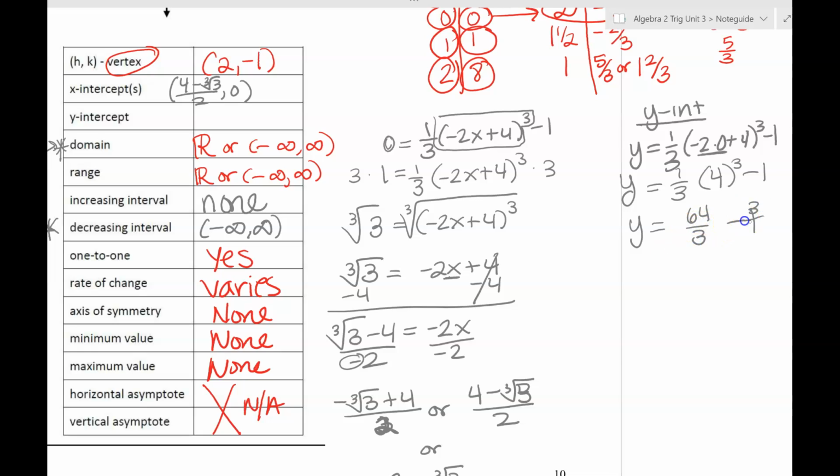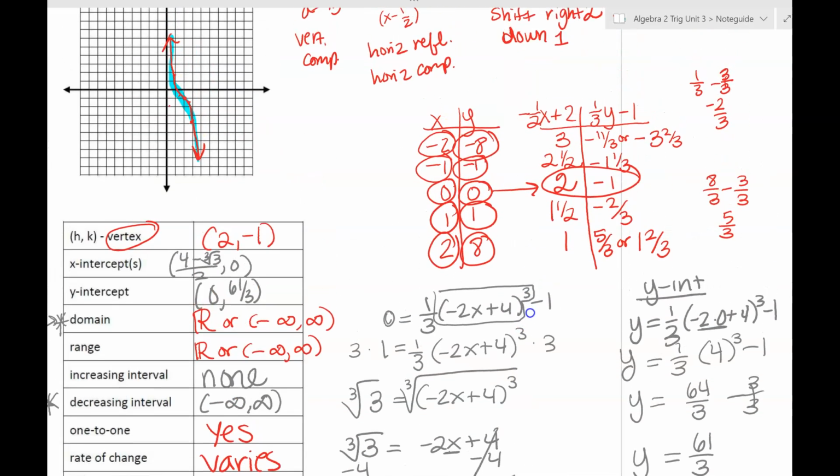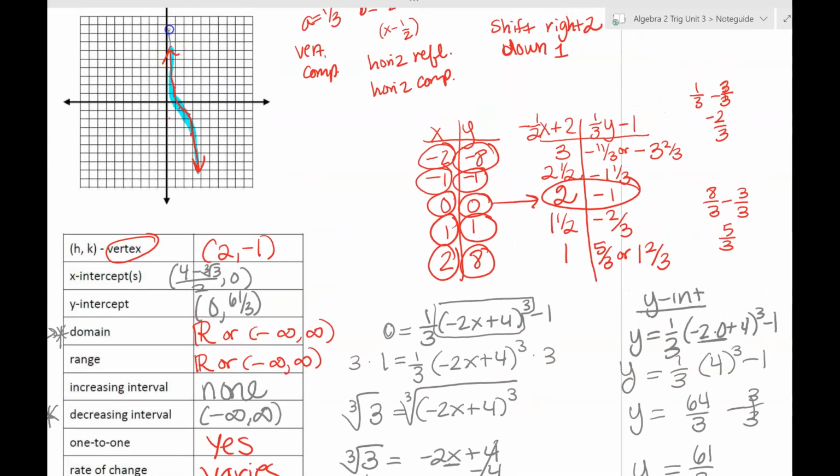I'm going to think of 1 like 3/3, and I'm going to get 61 over 3 here as my y value. If you would prefer to write that as a mixed number to understand what it is, that's 20 1/3. And that makes sense with our graph that it might take 20 units for this to climb up and hit the y-axis.